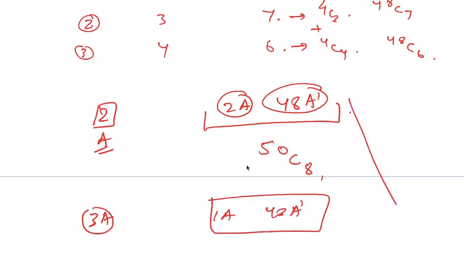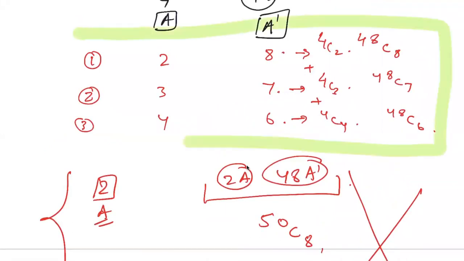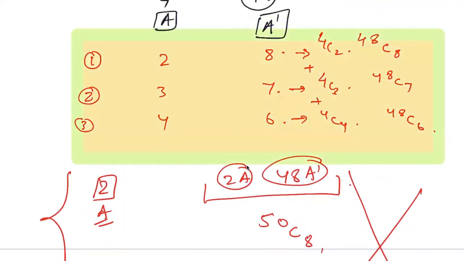So this will be completely wrong because we are getting repetitions. So 100% when you are going for this type of question, you have to go with each and every case step by step. First build this for one, then go for second, then third, and so on. And in total you have to select 10. So 2 plus 8 will be 10, 3 plus 7 will be 10, and 4 plus 6 will be 10 only. Don't go beyond that, right?